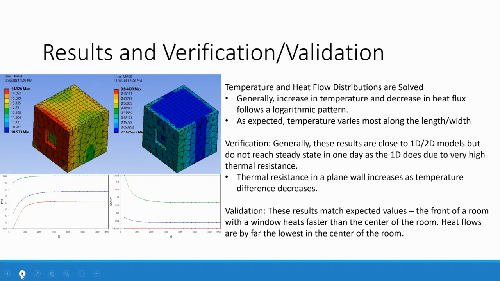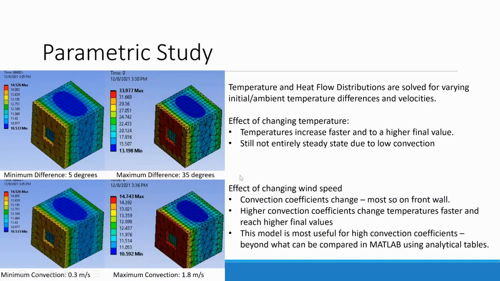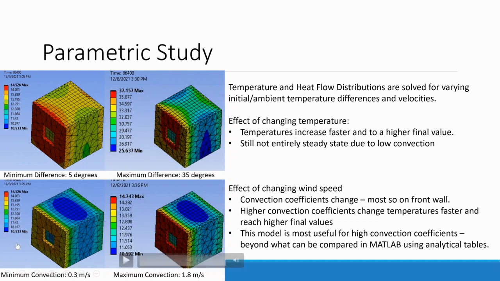And so we will go to our parametric study next, where we varied temperature difference and convection coefficient by changing wind speed. So with temperature difference, we follow similar trends where temperature varies most near the beginning, of course, and the middle of the room remains coldest, whereas wind speed actually changes the steady state value of the room for the same temperature difference.